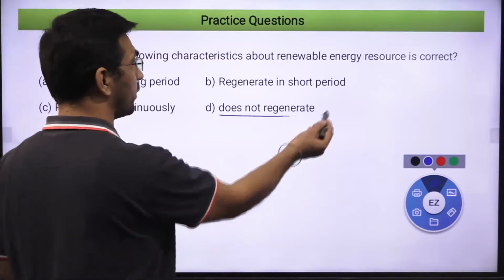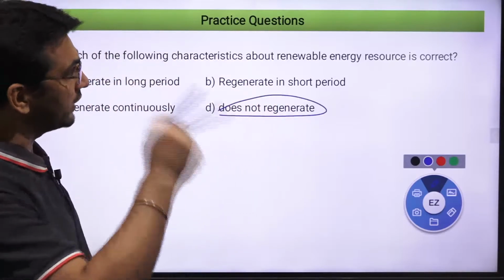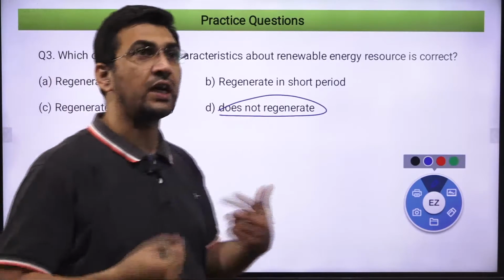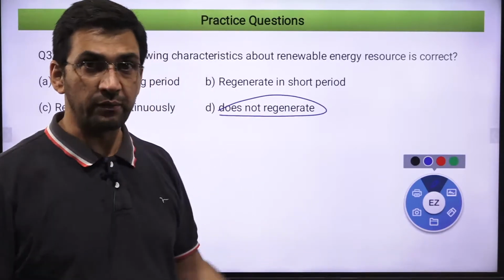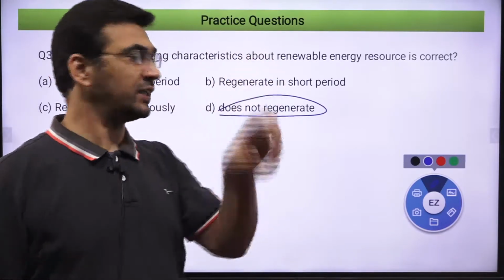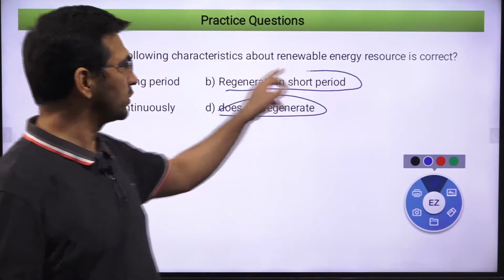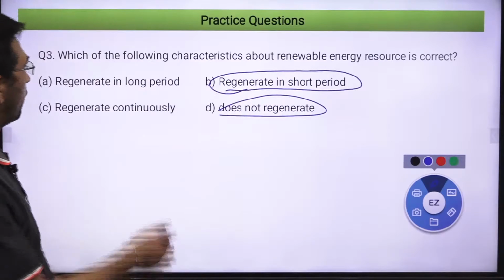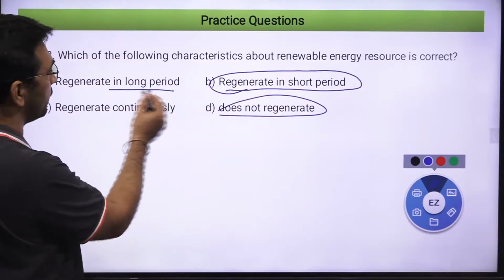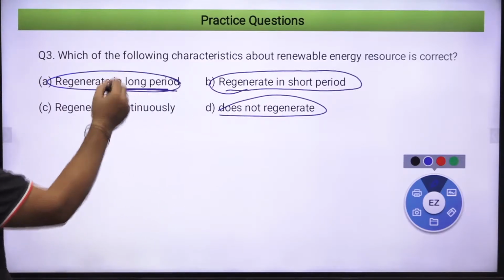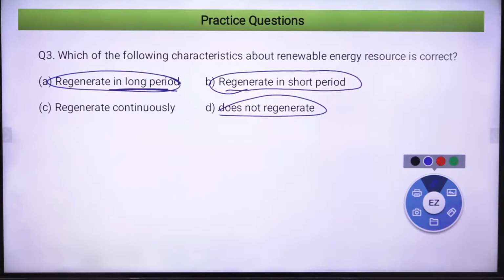When we say renewable energy sources, they are available to you for a longer period of time. So sometimes we interpret that it is not really going to regenerate in the shorter period, but when we are talking in terms of a longer period of time, then this should be the correct statement. So this is the insinuation that we get from this question.